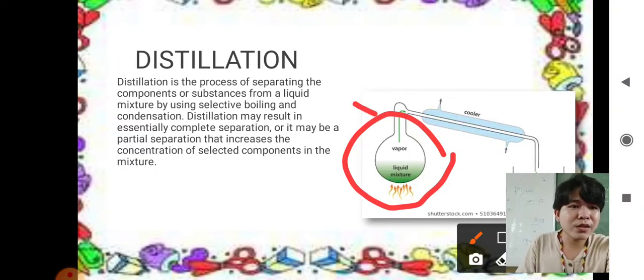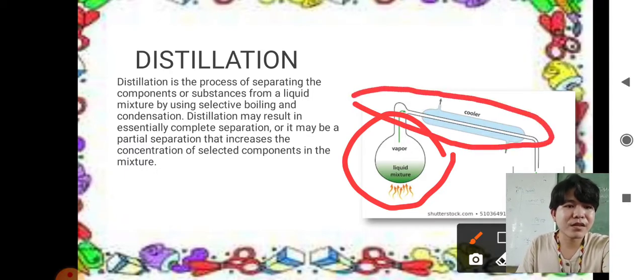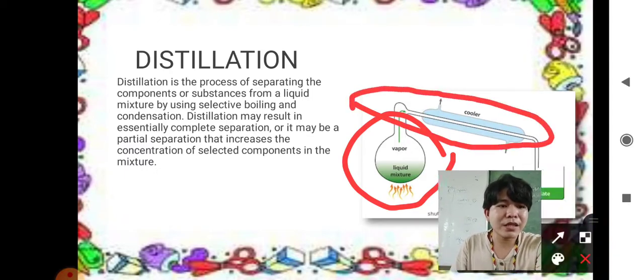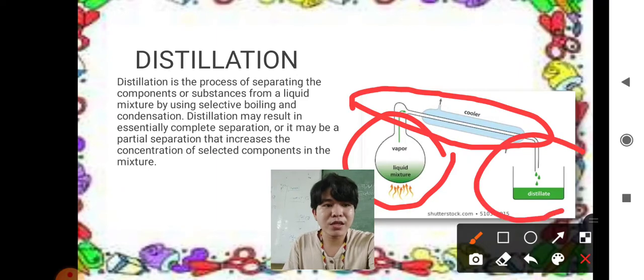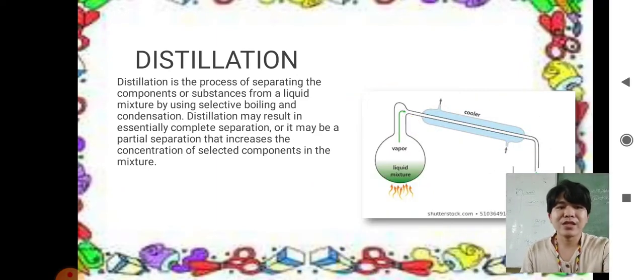So therefore, it will go onto this medium and move on to what? The evaporated water will then condense. When you talk about condensation, of course, it returns into a liquid state. Therefore, it becomes distilled water. So that is the process of distillation.